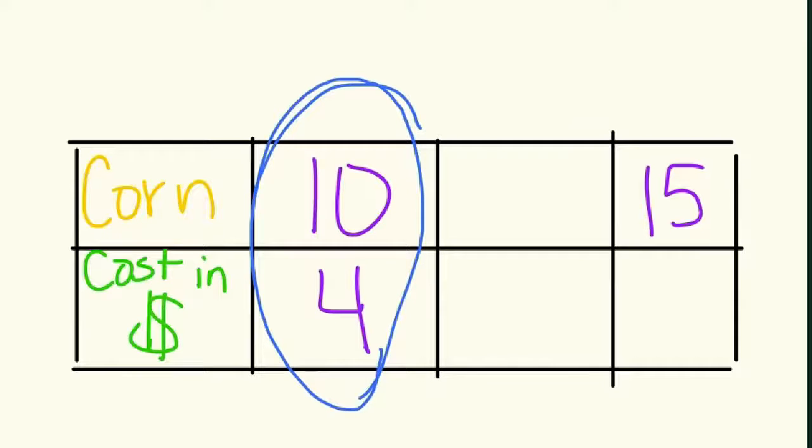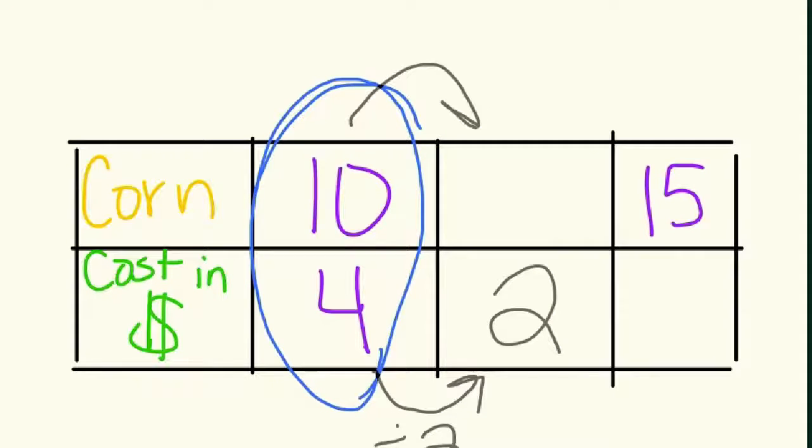If I divide 4 by 2, I get 2. If I divide 10 by 2, I get 5.